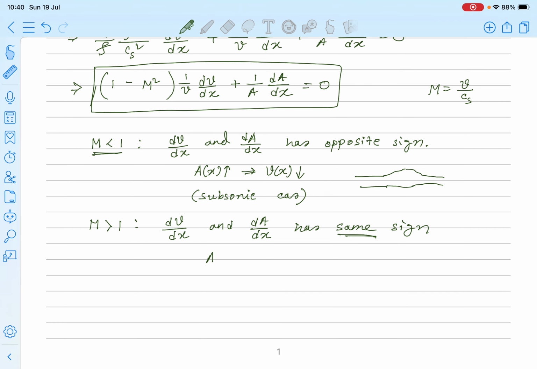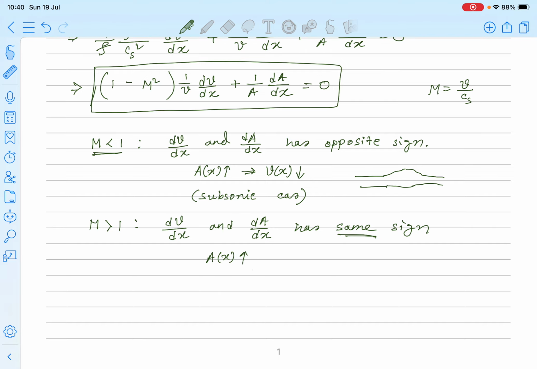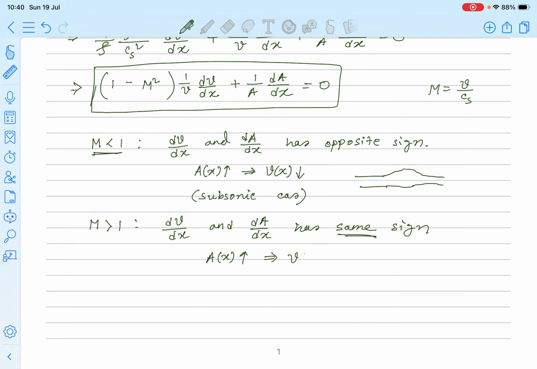This means that if we increase A(x), if we make the cross section of the pipe larger, our velocity will increase. This is the counterintuitive result, and it comes from the supersonic case.